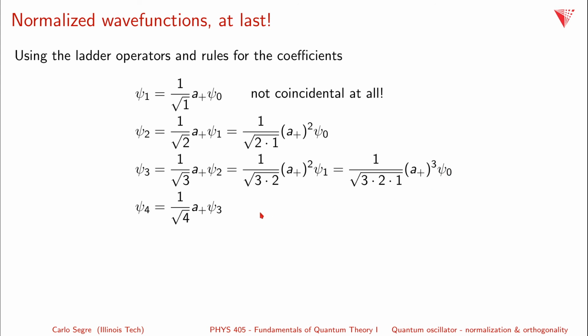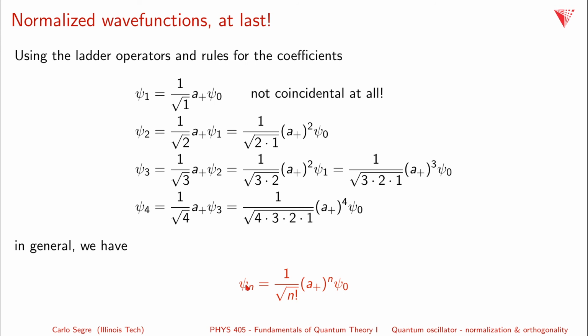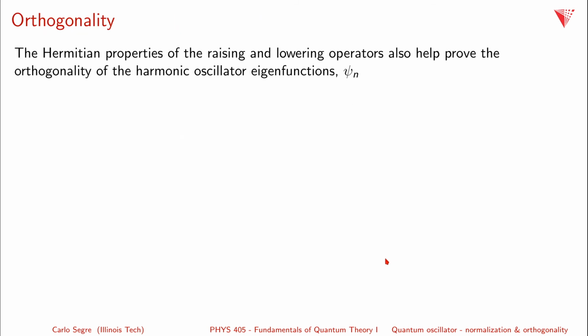And similarly for the fourth term, we get 1 over the square root of 4 times 3 times 2 times 1, A plus to the fourth psi 0. So in general, we have the rule that psi sub n is equal to 1 over the square root of n factorial times A plus to the nth applied to psi 0. And that's how we can normalize all the functions directly.